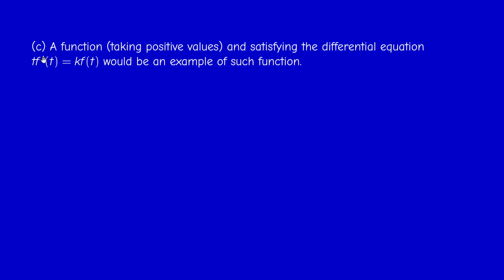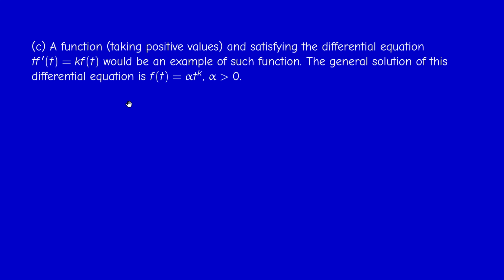How do you solve it? You divide by t f of t and you integrate. Then you should get f of t equals alpha times t to the k. And since f is positive, alpha must be positive. So we have actually a family of such maps that satisfy the inequality. You may try to find other, less trivial solutions.